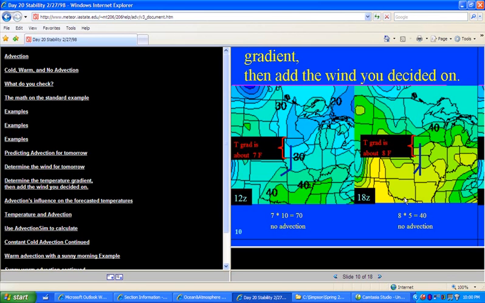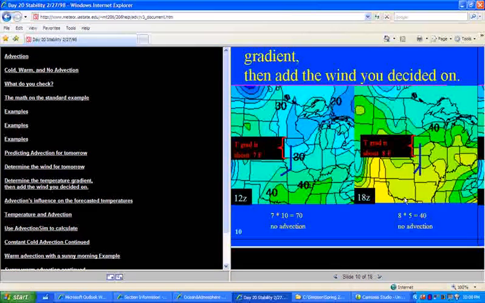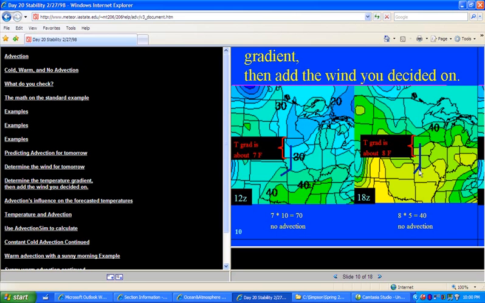Keep in mind, typically we want a 10-degree change over Iowa with at least a 10 mile per hour wind to forecast for significant advection. Here we have a 5 mile per hour wind, you see the barb there, and we only have an 8-degree change in temperature. Here we have a stronger wind, 10 miles per hour, but again, only a 7-degree change across Iowa, not the 10-degree change that we need.